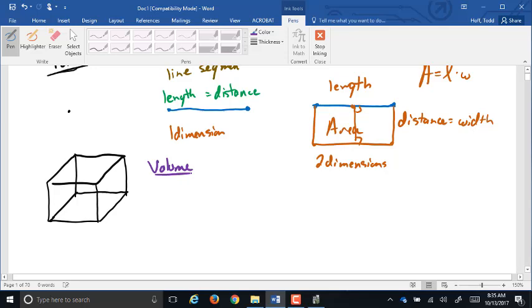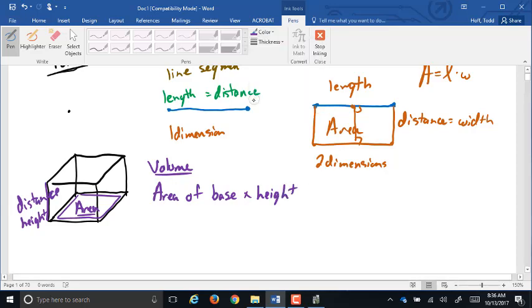The amount of volume depends on this original area, which we'll call the area of what's called the base, and the distance that it moved, which we refer to as a height. So it's the area of a base times a height.